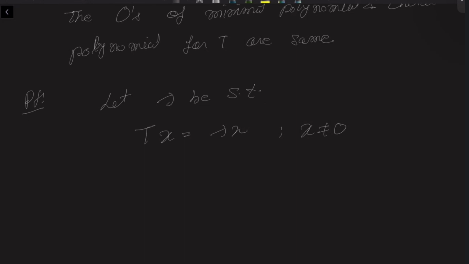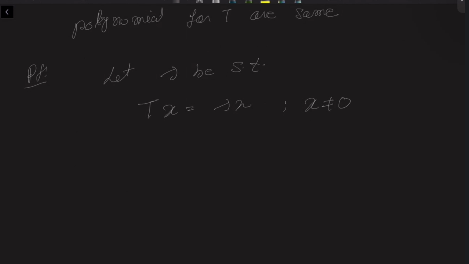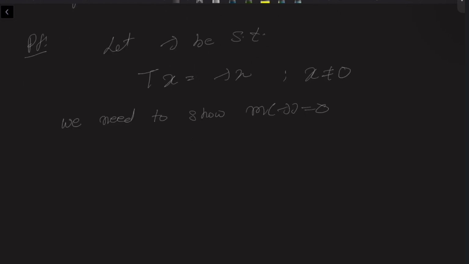So we are taking lambda, an eigenvalue, which is the root of the characteristic polynomial, and now we will say that m of lambda is also 0, meaning lambda is also a root of the minimal polynomial m. So we need to show m of lambda equals 0.